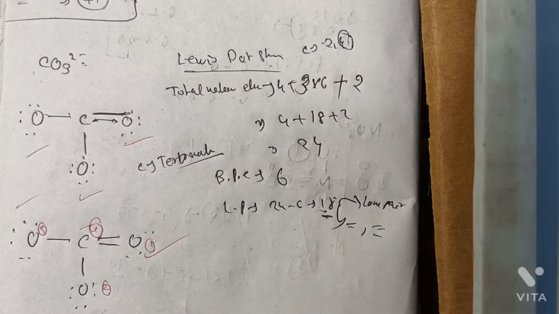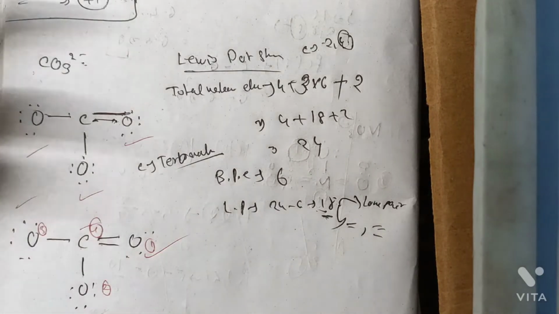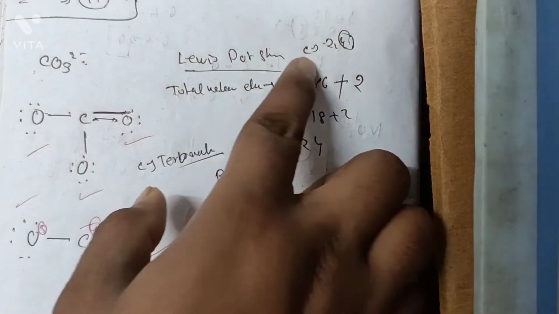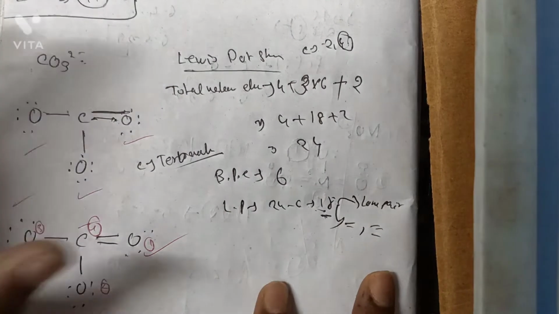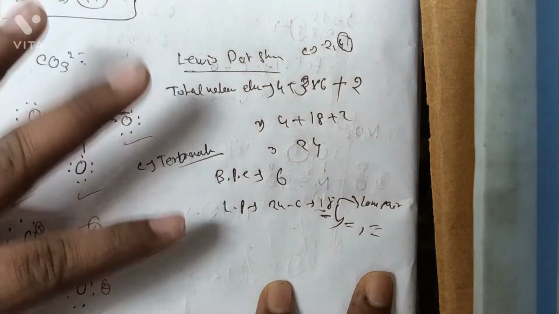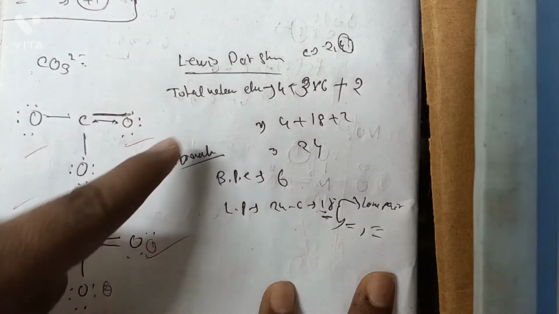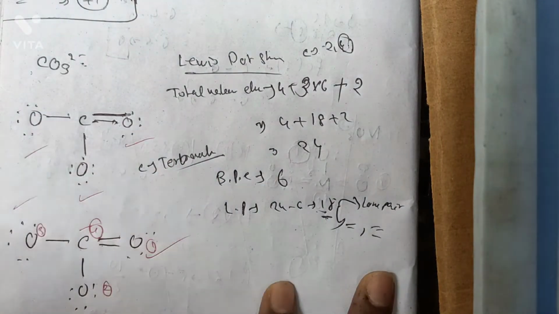For now today we are only learning about formal charge, but I have shown you a glimpse of how to draw Lewis structures. If you want to learn about this in detail, I will make a separate video.